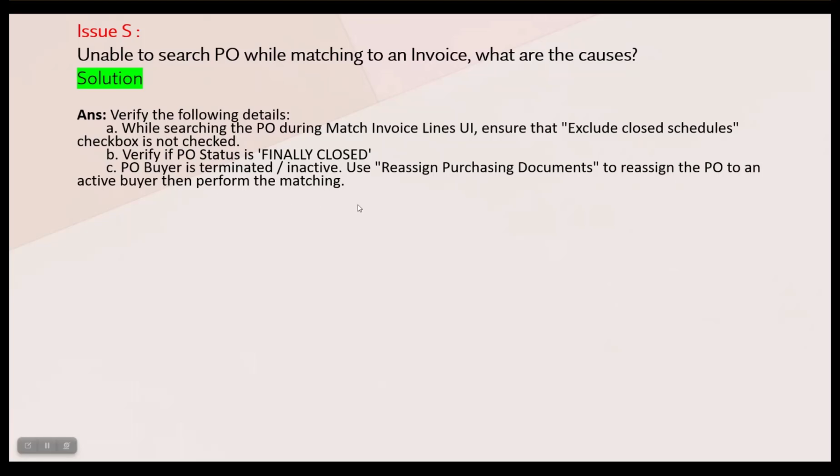Also, there are a lot of reasons. Check the supplier, check the PO currency, check the matching option, is it PO or receipts, check the status of the PO, cancelled, finally closed, fully received, fully invoiced, whatever. So you have to check or investigate from the start of the cycle.